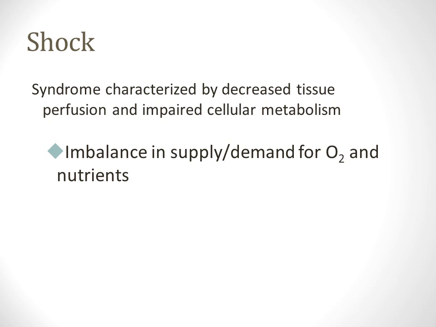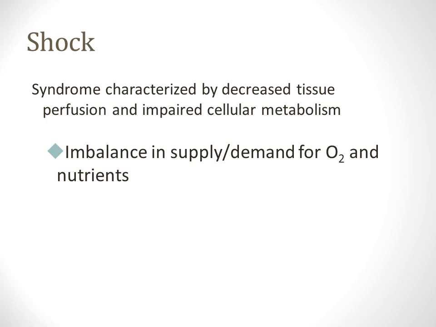In order to maintain blood flow to the tissues and for the cells to get the nutrients and oxygen that they need, there are a couple of things that have to be in place. One, we have to have an adequate pump. The heart needs to be able to pump the blood. Two, we have to have effective vasculature or a circulatory system.